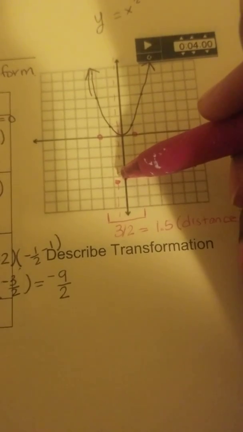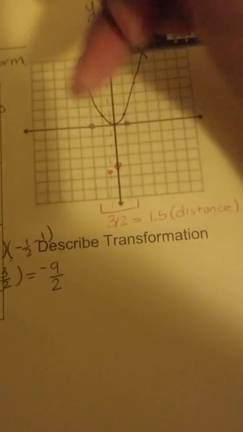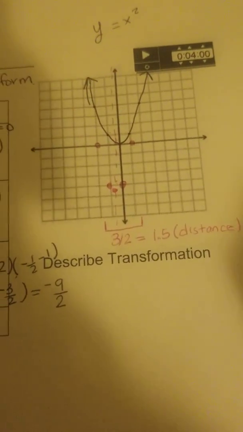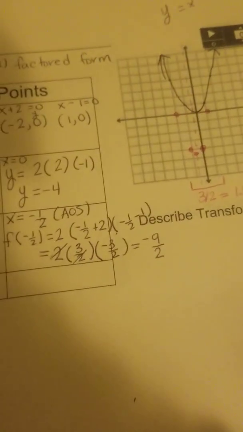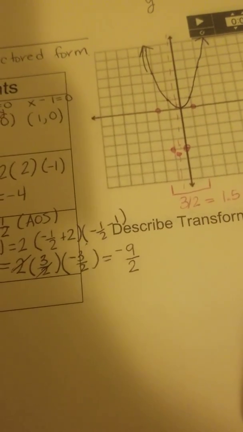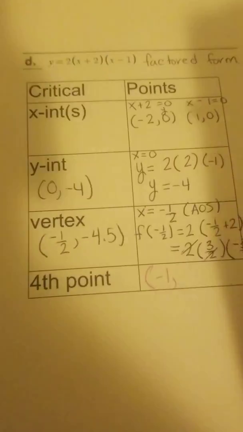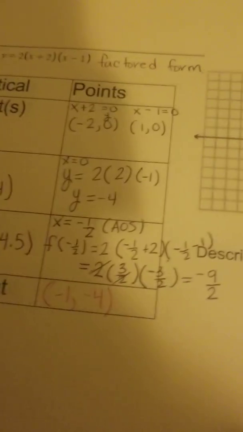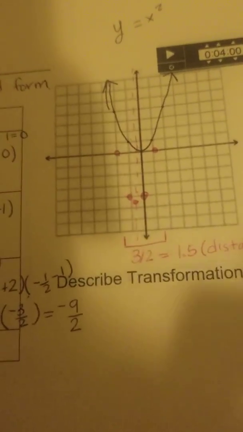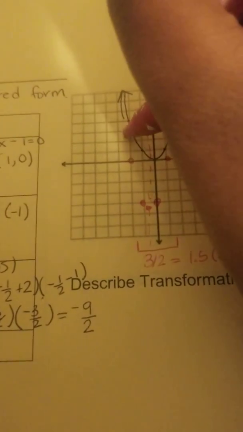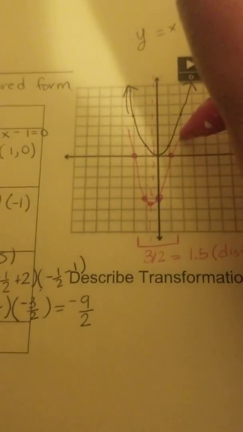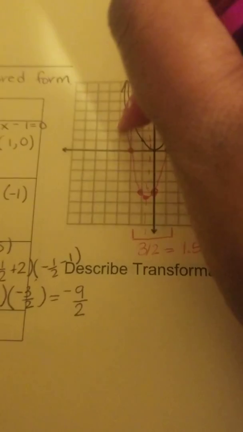So I'm going to go half a space more to get the other point that's symmetric. So that point is going to be at -1, -4. And again, I got that point without doing any additional math, okay? And then from there, the best way I can, I just put my parabola through these points. And there you go.